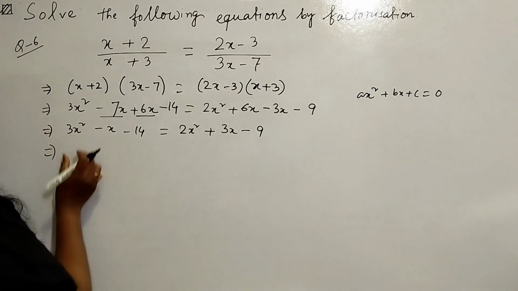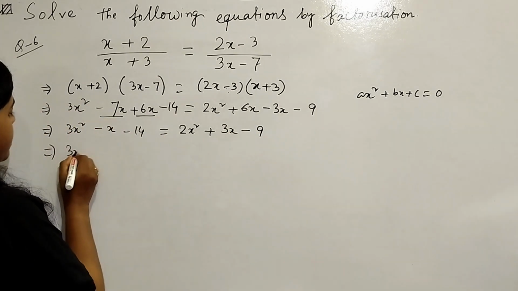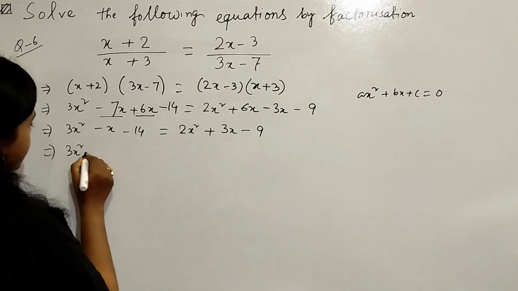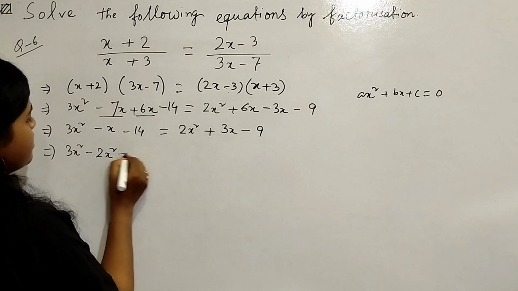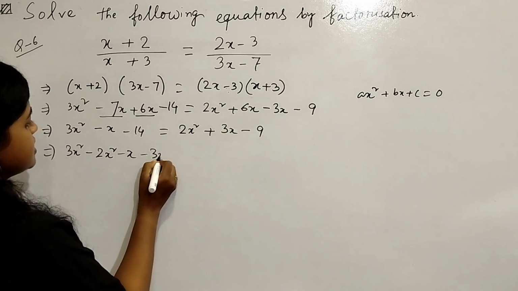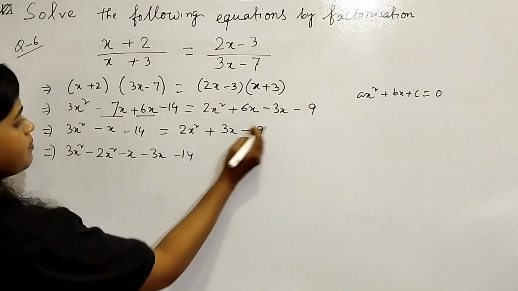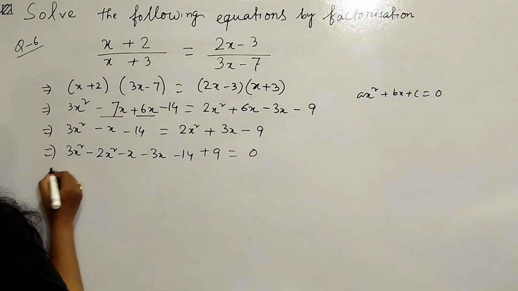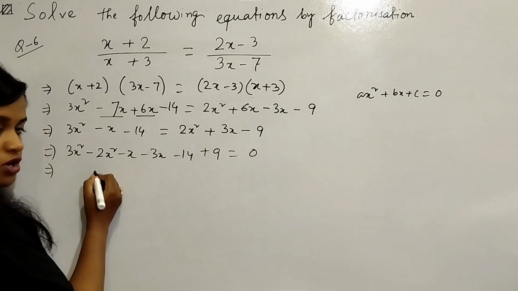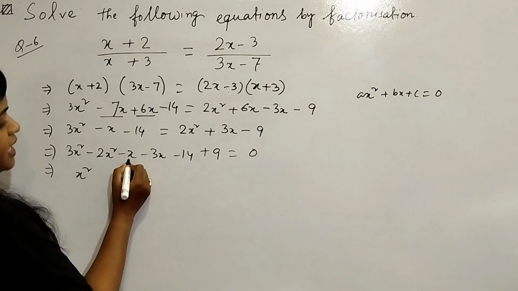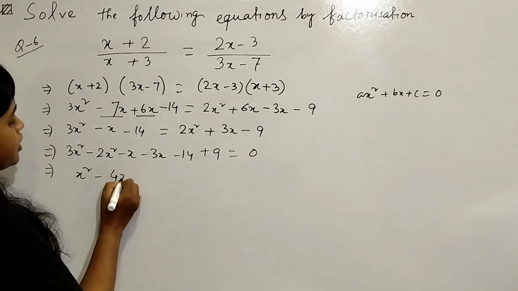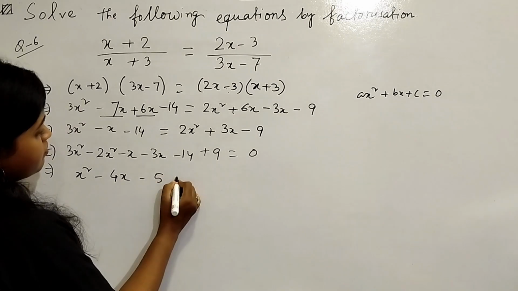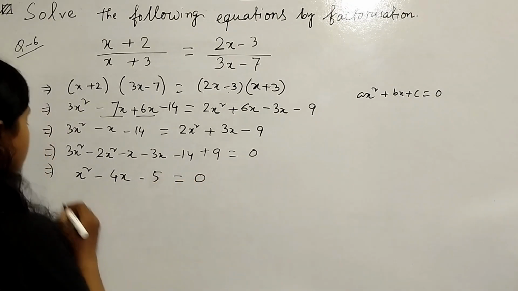Now group like terms: 2x square comes to this side as minus 2x square, and minus 3x, and minus 9 becomes plus 9. So 3x square minus 2x square means x square, and minus x minus 3x means minus 4x, minus 14 plus 9 means minus 5, equal to 0.